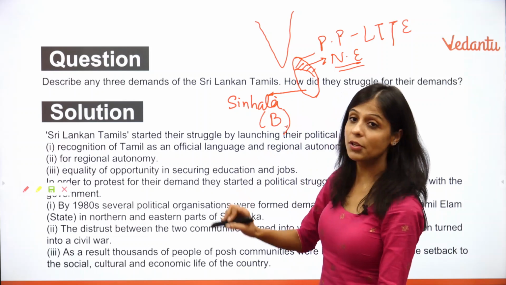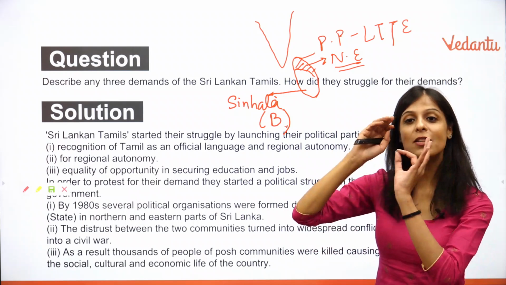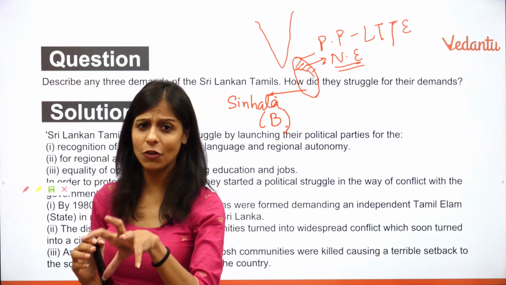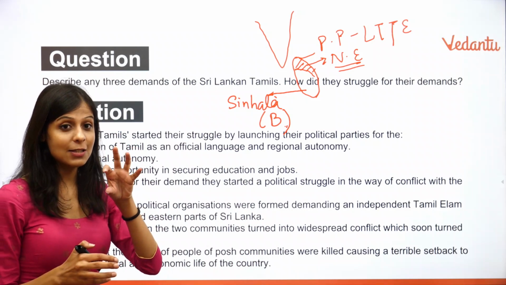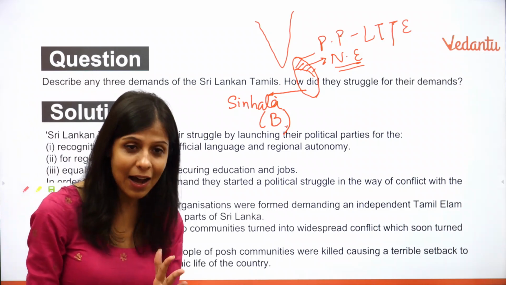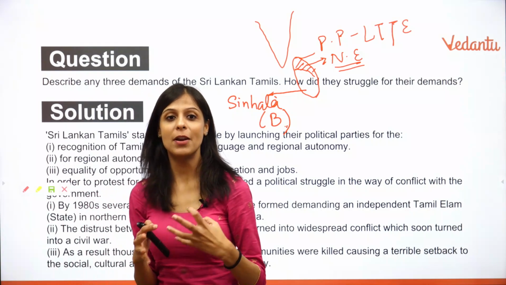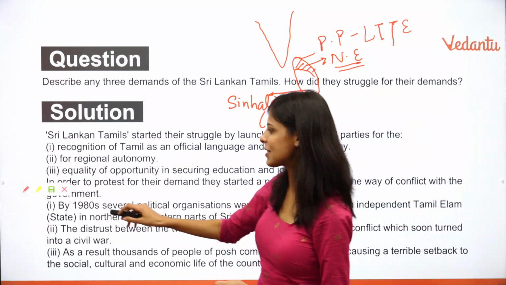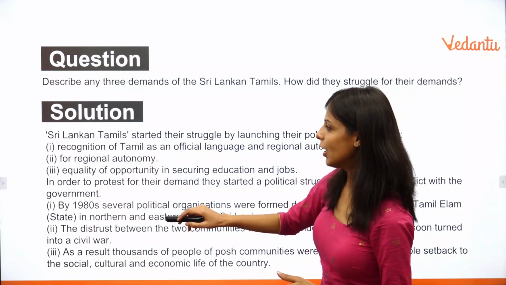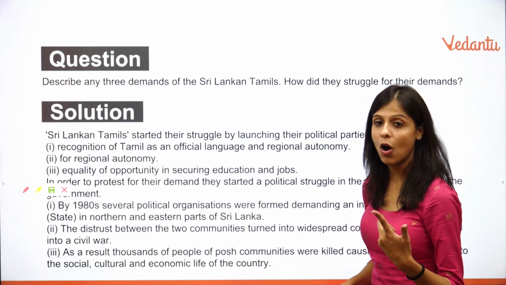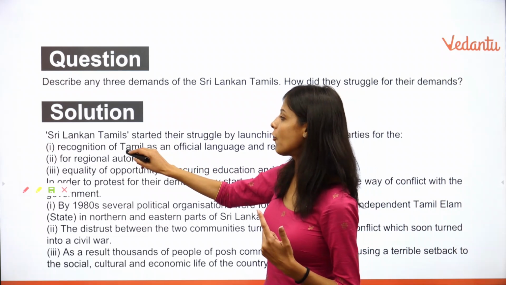So you're going to write Buddhism right here, you're going to talk about Sinhala. So it's pretty clear looking at the view of the answer that you guys know about Northeastern Territory, you know about the Sinhala people, you know about their dominant position, and then you guys can probably cover all the important points. For example, recognition, I'm going to underline it for you guys, recognition of Tamil as the official language.